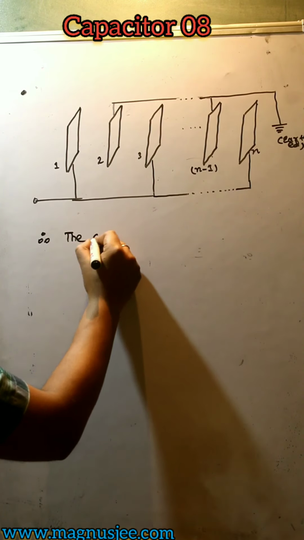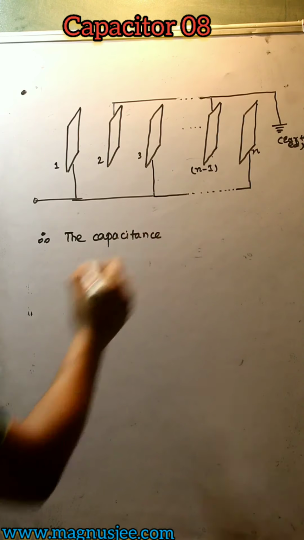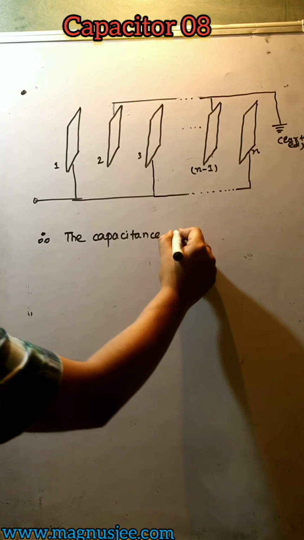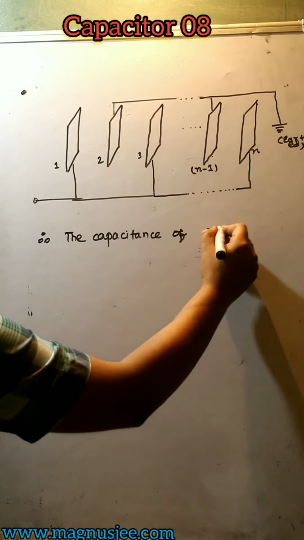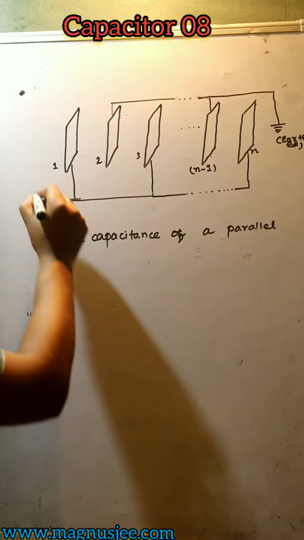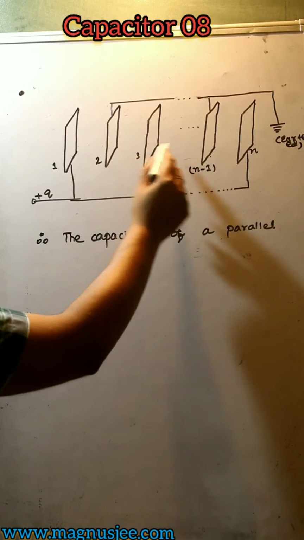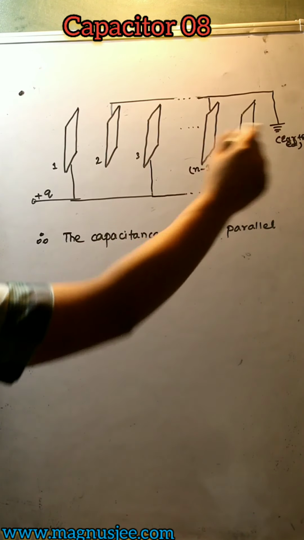Therefore, for the capacitance of this parallel plate capacitor, positive charge plus Q is given to the odd number of plates: first plate, third plate and so on.